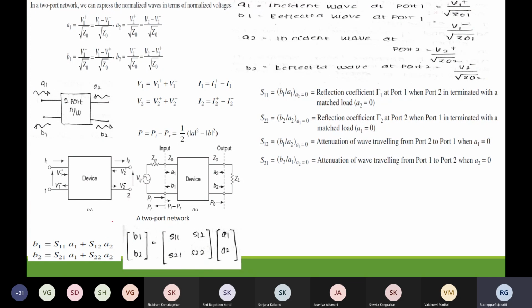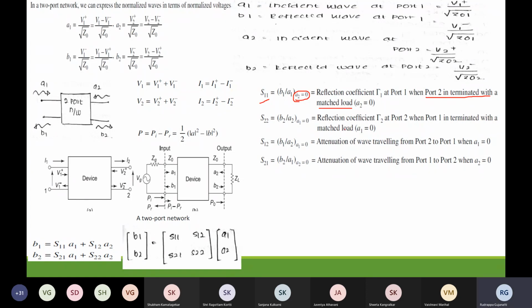Therefore, we use the concept of matched termination. That is, say if I want to measure S11, you can see that A2 has to be 0. When A2 is 0, what this specifies is that port 2 is matched terminated.